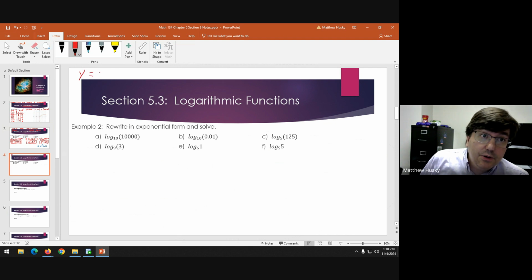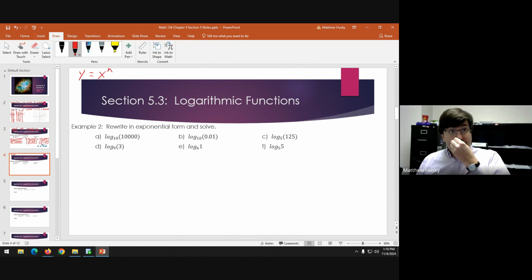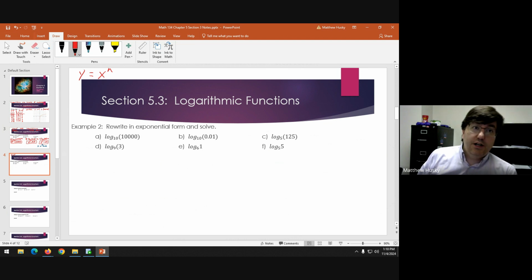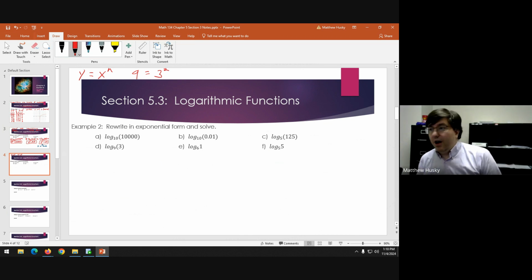Y is equal to x to the n power. That is the way you would write something with an exponent that you're probably more accustomed to. To give you an idea of what that might look like, for instance, 9 is equal to 3 squared. That would be an example of an exponential statement.